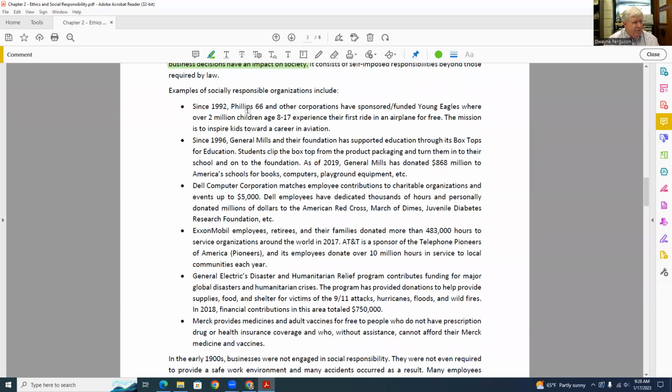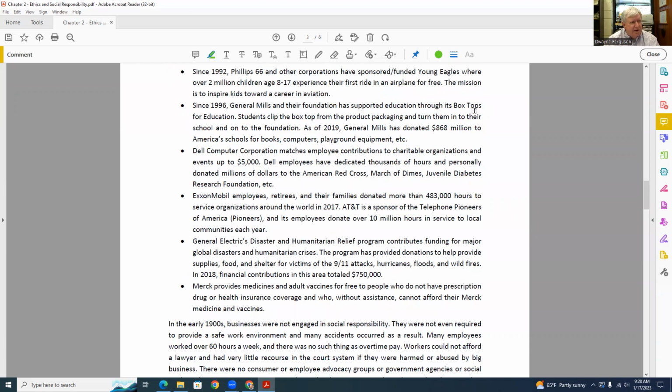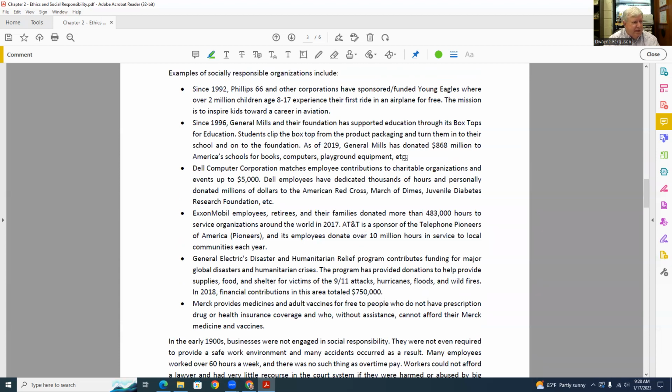Since 1992, Phillips 66 has funded Young Eagles, where over 2 million children aged 8 to 17 experienced their first ride in an airplane for free. General Mills has Box Tops for Education, where they donate back to America's schools with equipment and computers and books and stuff. So you can read through those.